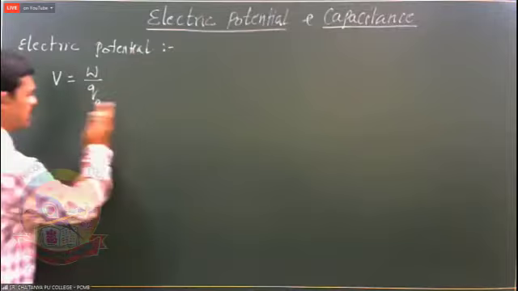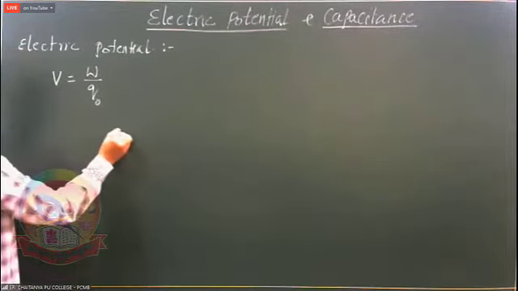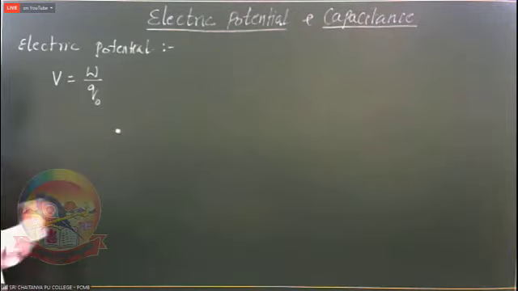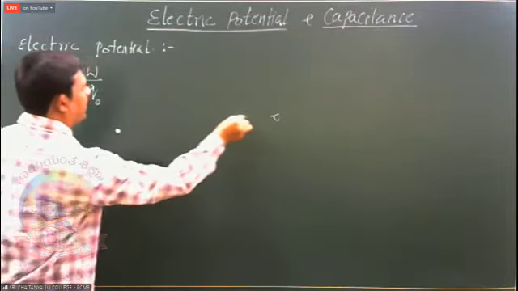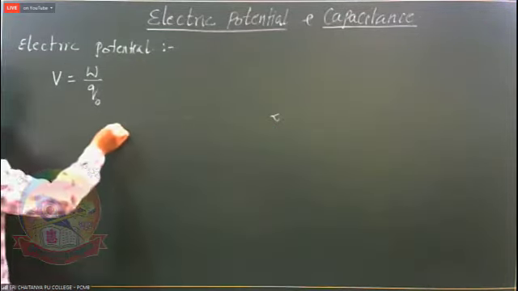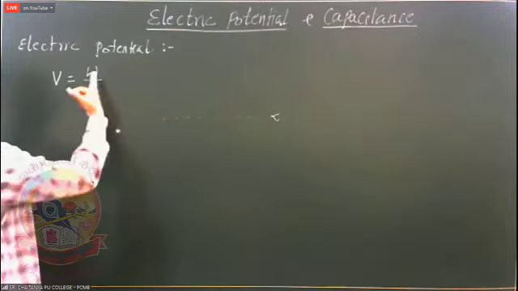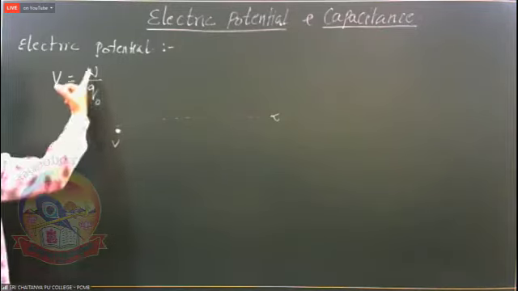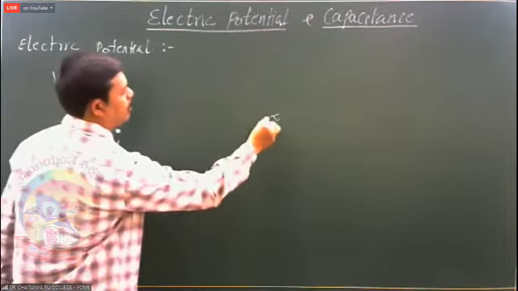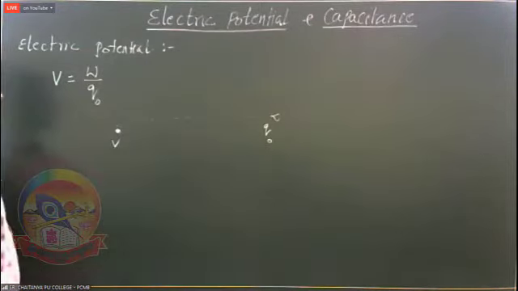See, if you think this is the field, and this is a point in the field, to bring a unit positive charge from infinity to this point, if W is the work done, then the potential at this point is W by Q naught. Let's say we are bringing a charge Q naught from infinity to this point.